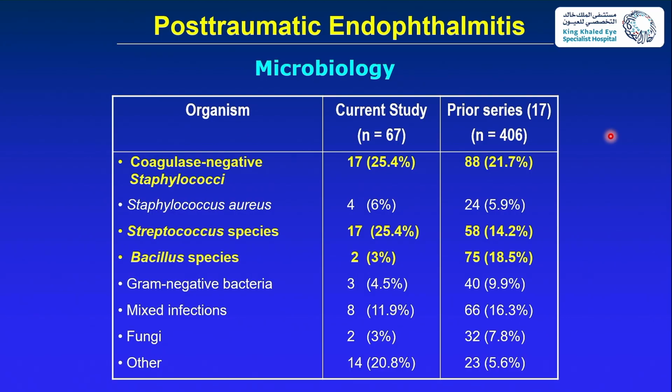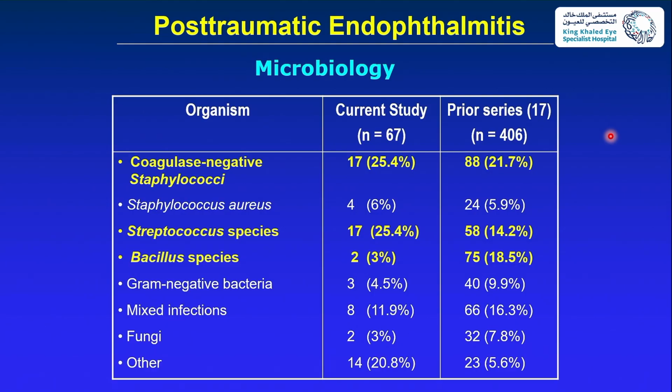Look here. Staph coagulase negative cocci in our study accounted for 25%, previous studies 21%. This organism accounted for how many of the post-cataract cases? 70%. So here, much less. But Streptococcus species in our study accounted for 26%, in previous studies 14%.